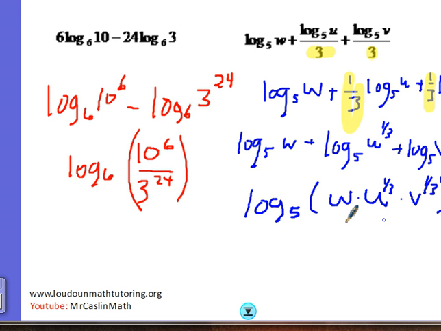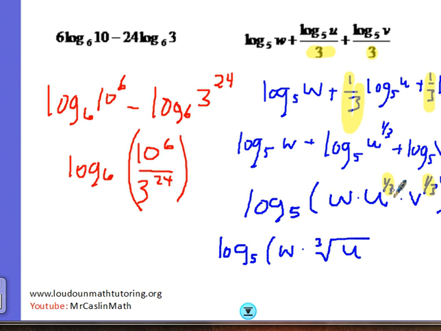Now ask your instructor if this form is okay, or whether you want to convert this into radical notation. Remember, earlier in this Algebra 2 class you have probably learned that fractional exponents can also be written in radical form. Something to the 1/2 power is really the square root. So another form of this answer is going to be log base 5 of w times the cube root of u.